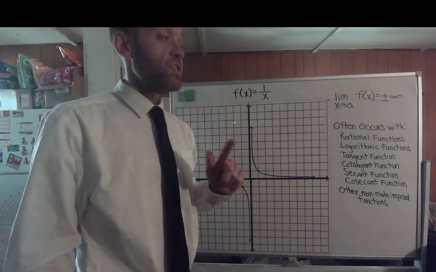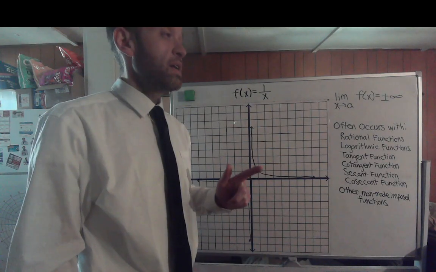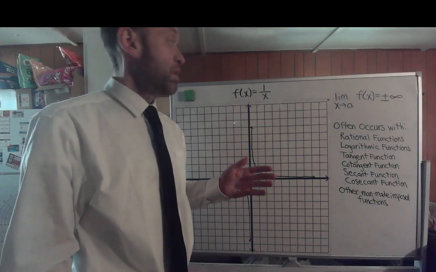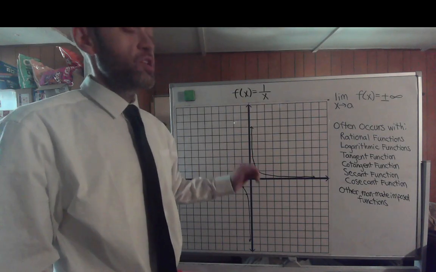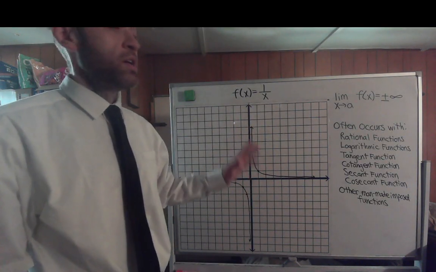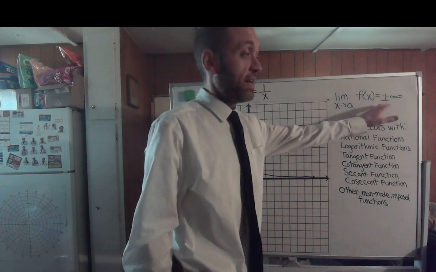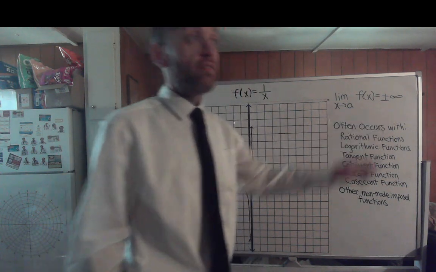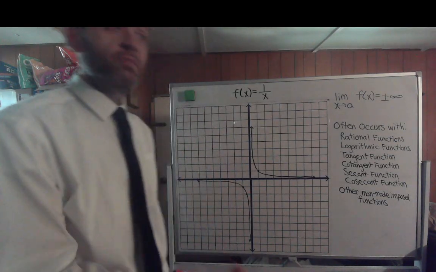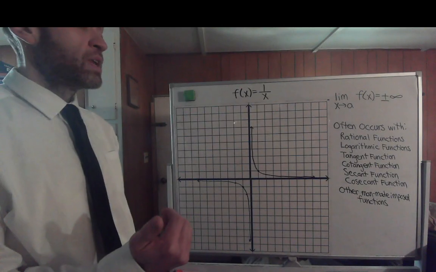But I say it's a gray area because a lot of the time in calculus, when we're dealing with limits, especially when we want to understand the graphical behavior of a function, we're going to actually give an answer of positive or negative infinity almost as if the limit exists so we can understand the behavior of the curve.